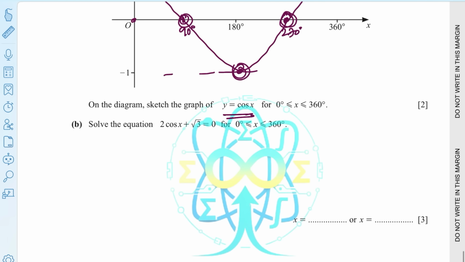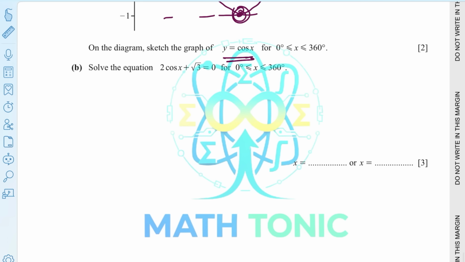Okay. Next, solve this equation: 2 cos x plus root 3 equals 0. So 2 cos x equals minus root 3, and cos x equals minus root 3 over 2. Is it okay?